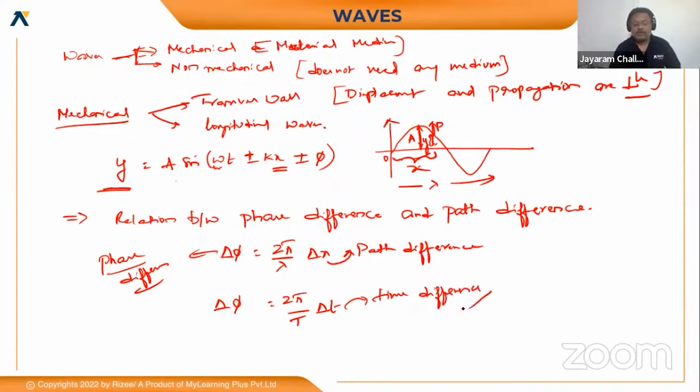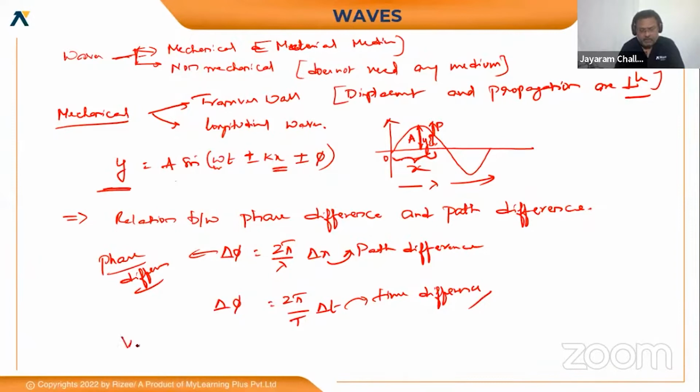Okay, so based upon this, we can find out the primary equations and secondary equations, and apart from that, we can also find the energies, intensities and all these things. These are your wave equation.